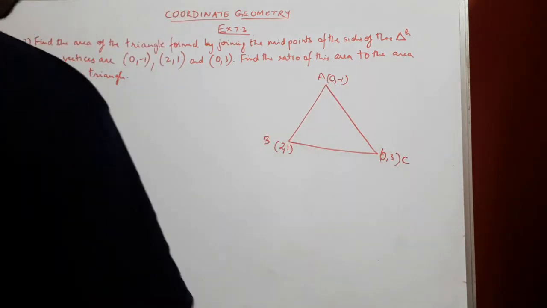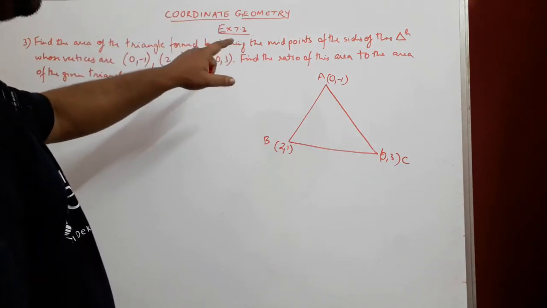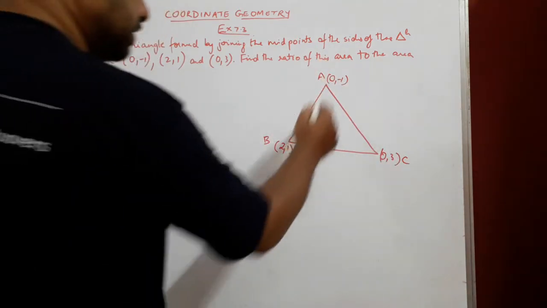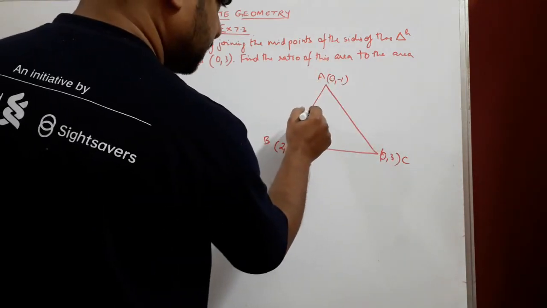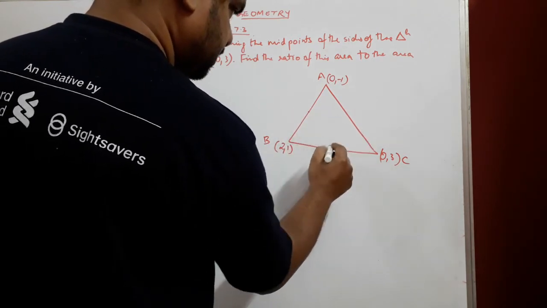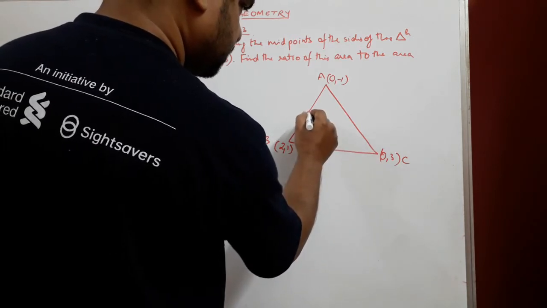Now it says, find the area of the triangle formed by joining the midpoints of the sides of the triangle whose vertices are these. So the midpoint will be in the center. So let us assume the center is somewhere here and over here and over here. Okay, and we'll draw a triangle.